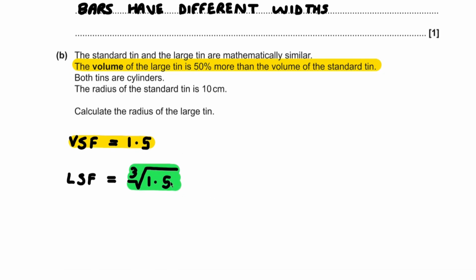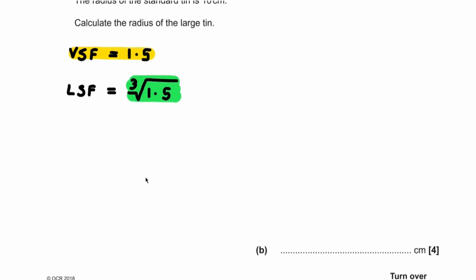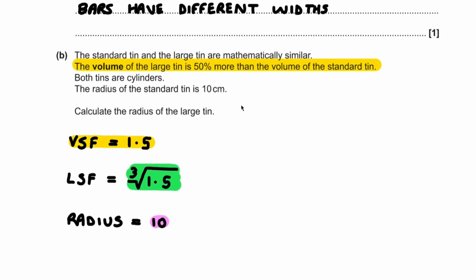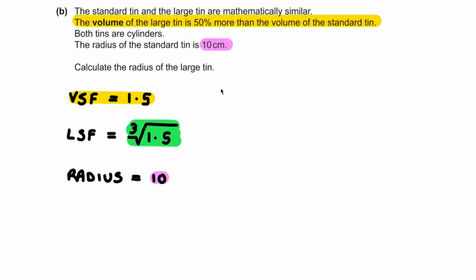So what I can do now is find out the radius of the large tin. So for the radius, that's equal to 10, which is the radius of the small tin, and I'm going to multiply this by our length scale factor.